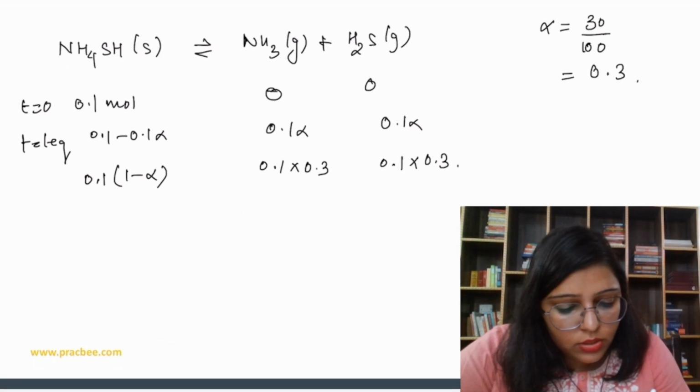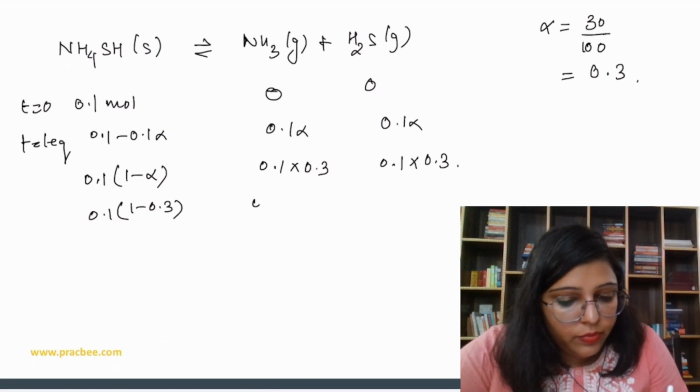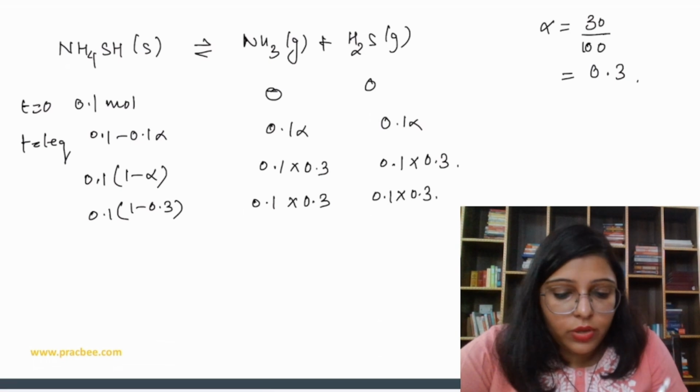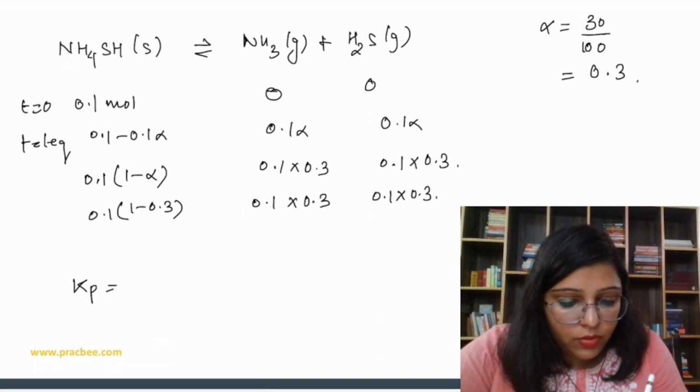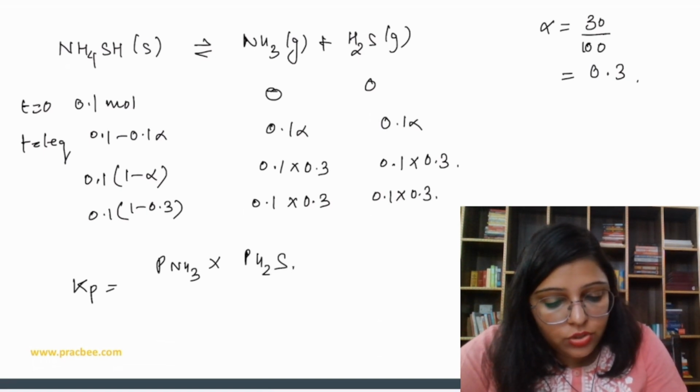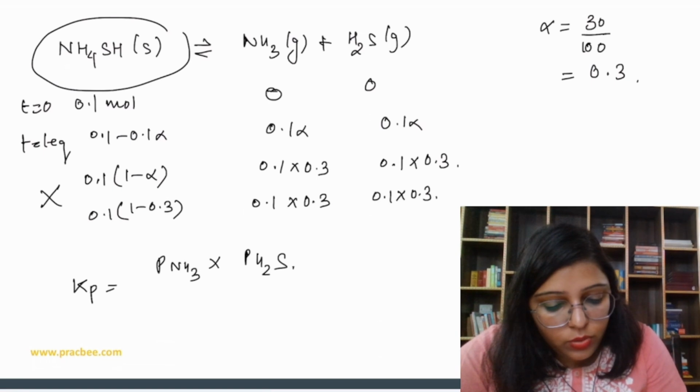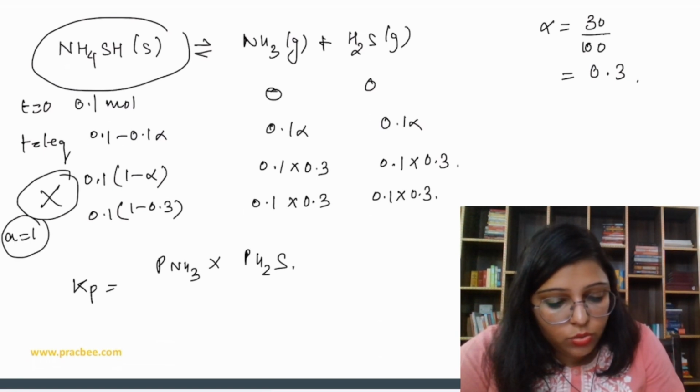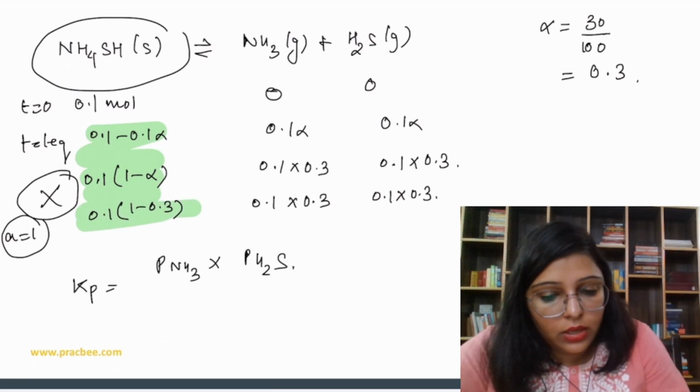So 0.1 into 1 minus 0.3, 0.1 into 0.3, and 0.1 into 0.3. So how to solve for the value of Kp? Pressure of NH3 and pressure of H2S. NH4SH we are not going to include. Why? Because its activity is equal to 1. So there is no need to do that part, nothing. Right?